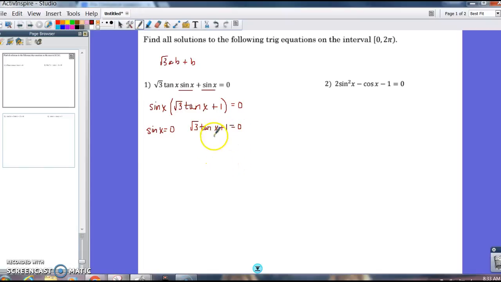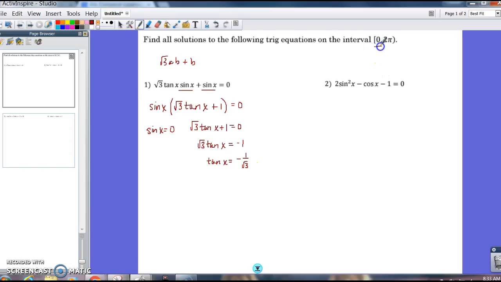If I solve the one here on the right, that would give me root 3 tan x is equal to negative 1. So tan x is going to equal negative 1 over root 3. So now I have sine x equals 0 and I have tan x equals negative 1 over root 3.